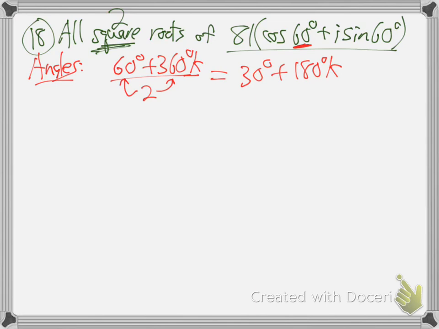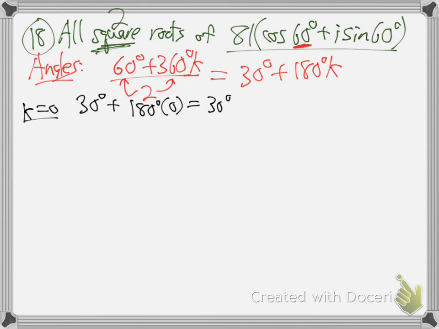And now I'm going to do the different angles. So then you go K equals 0. It's going to be 30 degrees plus 180 degrees times 0. It's 30. Keep going. How many answers are we going to have to this problem? 2.